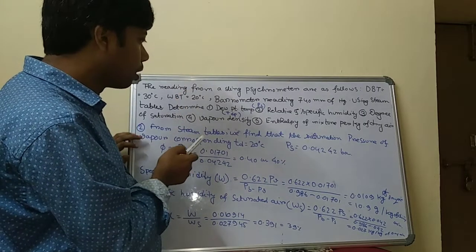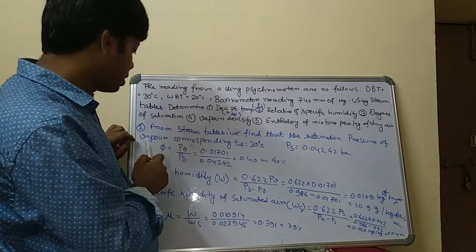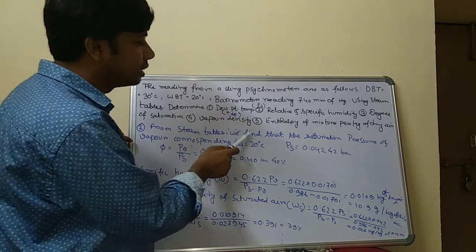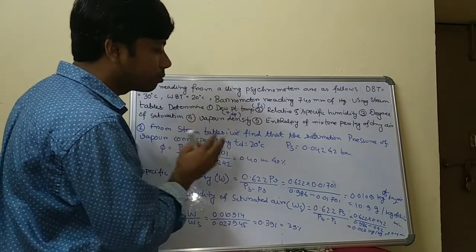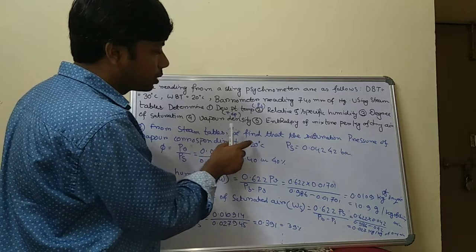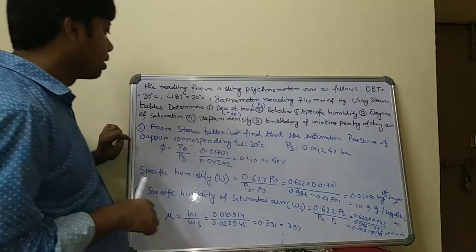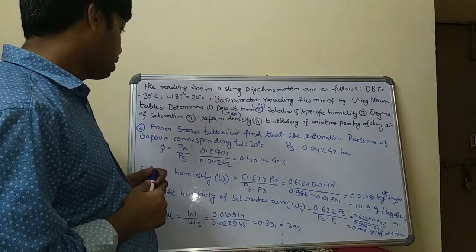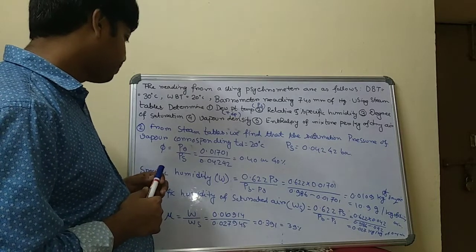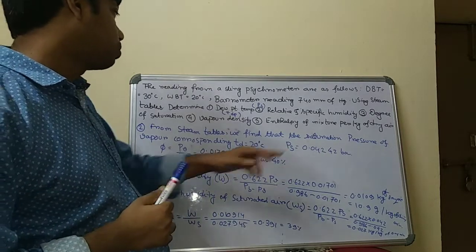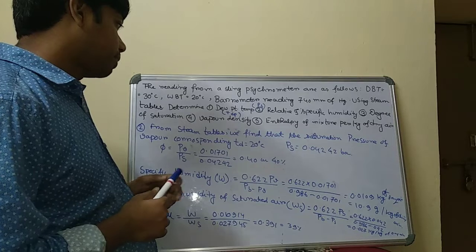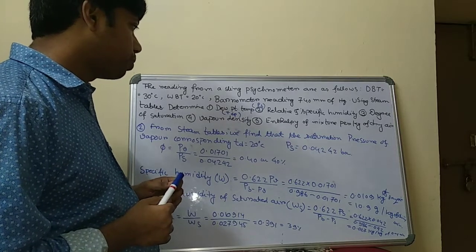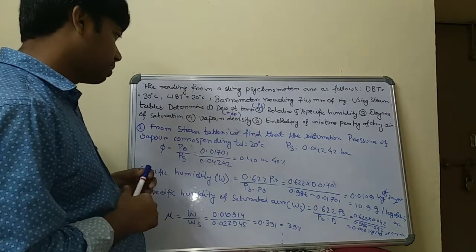Now from the steam table, we find the saturation pressure corresponding to the dry bulb temperature of 20 degrees centigrade. You can get the value, that is 0.04242 bar. This is the PS.